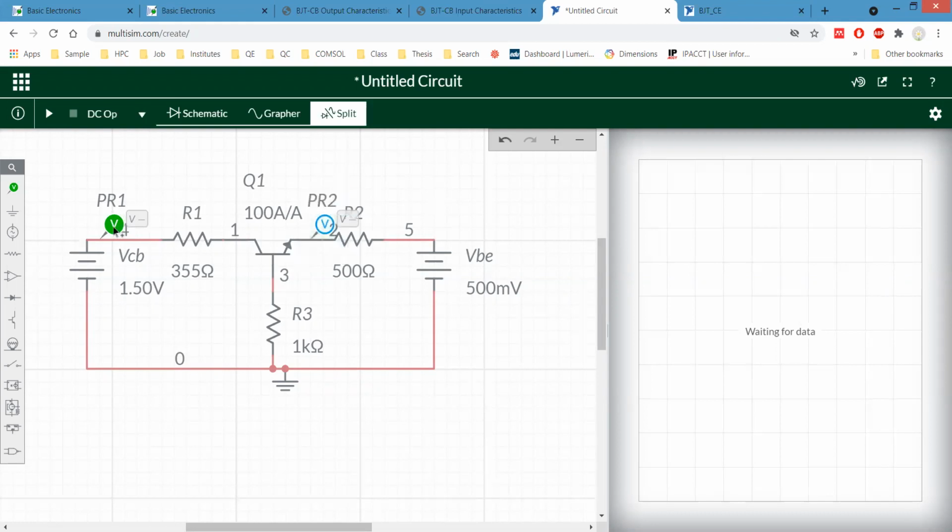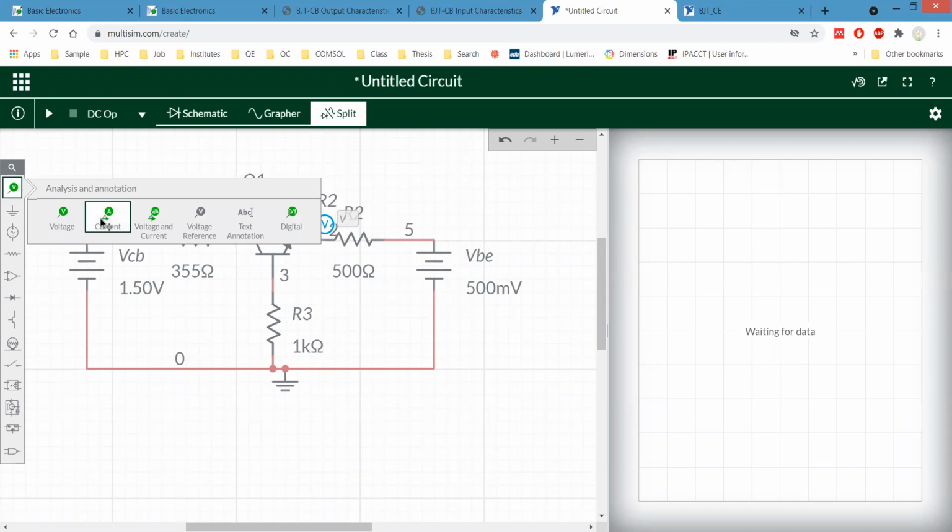Let's put this here because our collector is here, after this resistor. Now, as in the case of input, we need the emitter current as a function of the base emitter junction voltage. So we need an emitter current probe in that direction.